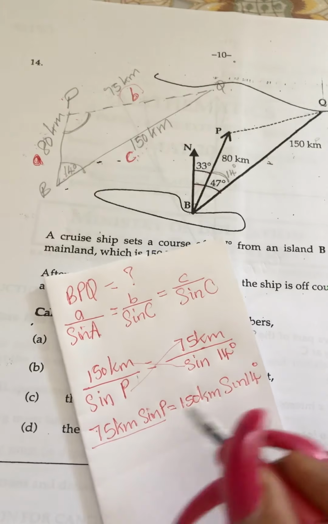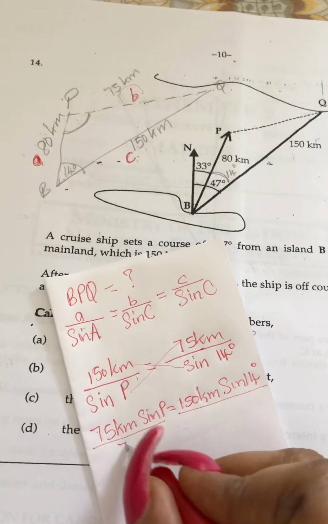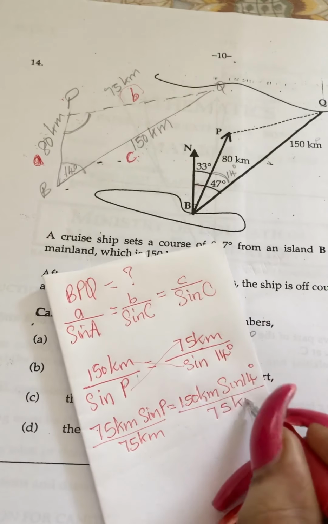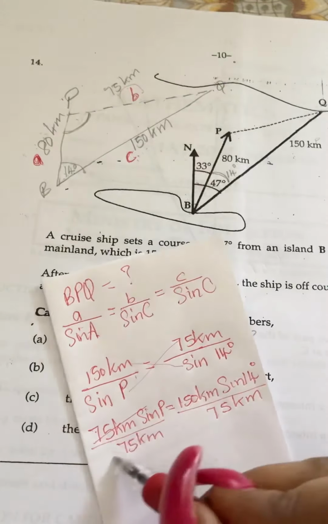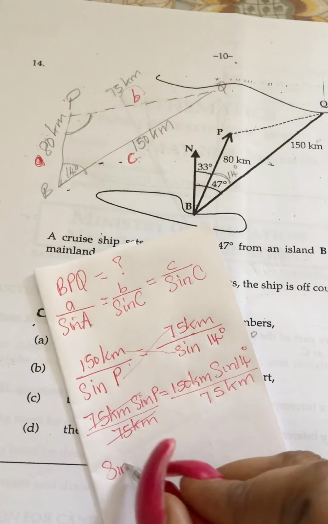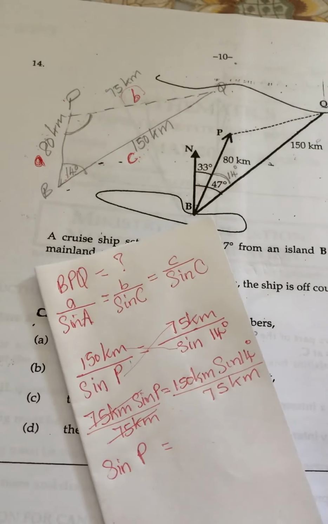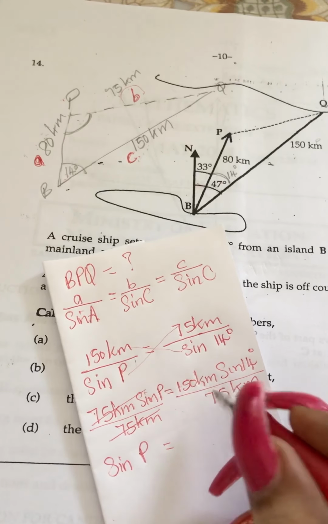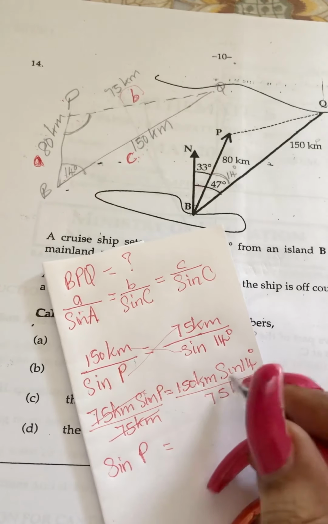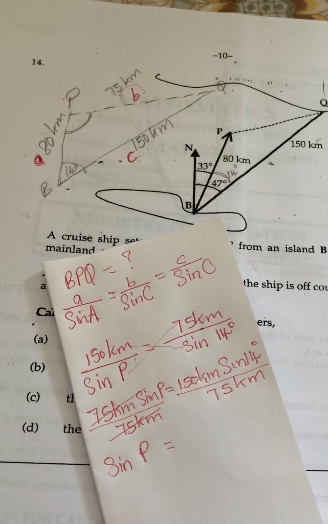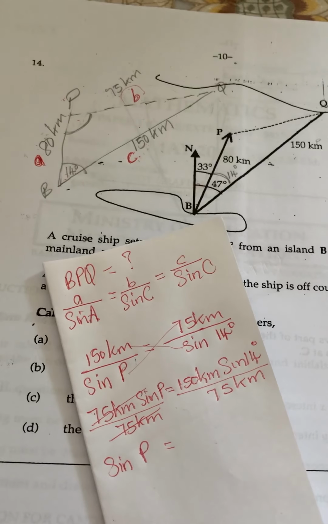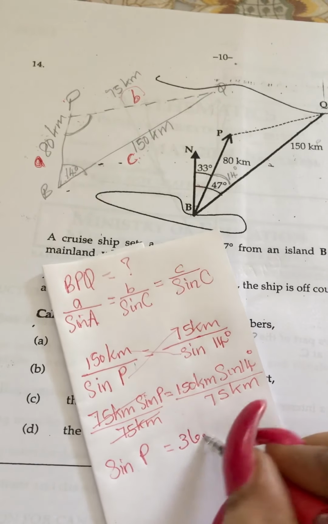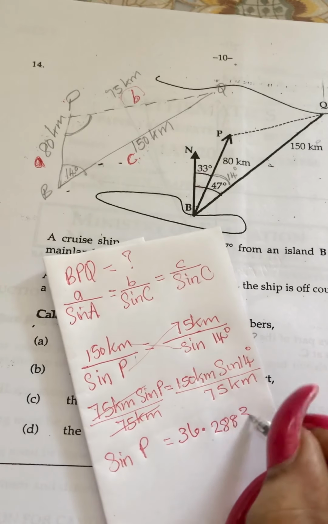I want sin P by itself, so I'm going to get rid of 75 km so that these two will cancel themselves and I will have sin P standing on its own. All right, 150 times sin 14 times 150, and I'm going to get 36.2883.